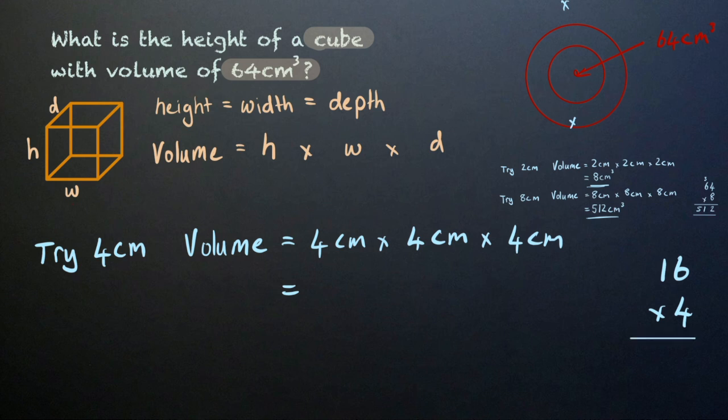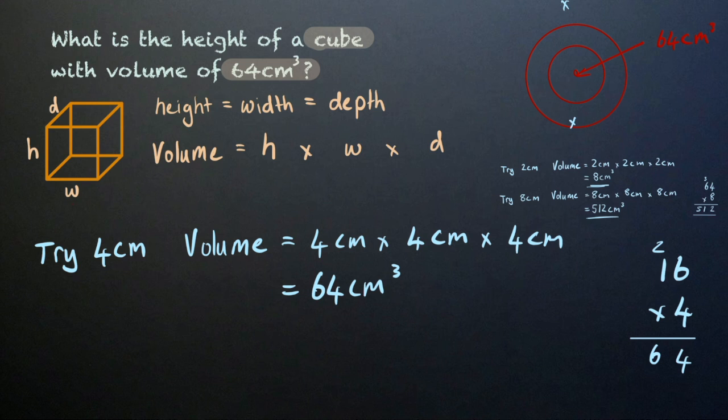And then we've got 4 times 6 is 24. So we go 2, 4. This is why we need to be reasonably good at our multiplication to do this sort of thing. 4 times 1 is 4, plus 2 more is 6, so we've got 64. So then we've got 64 centimetres cubed.